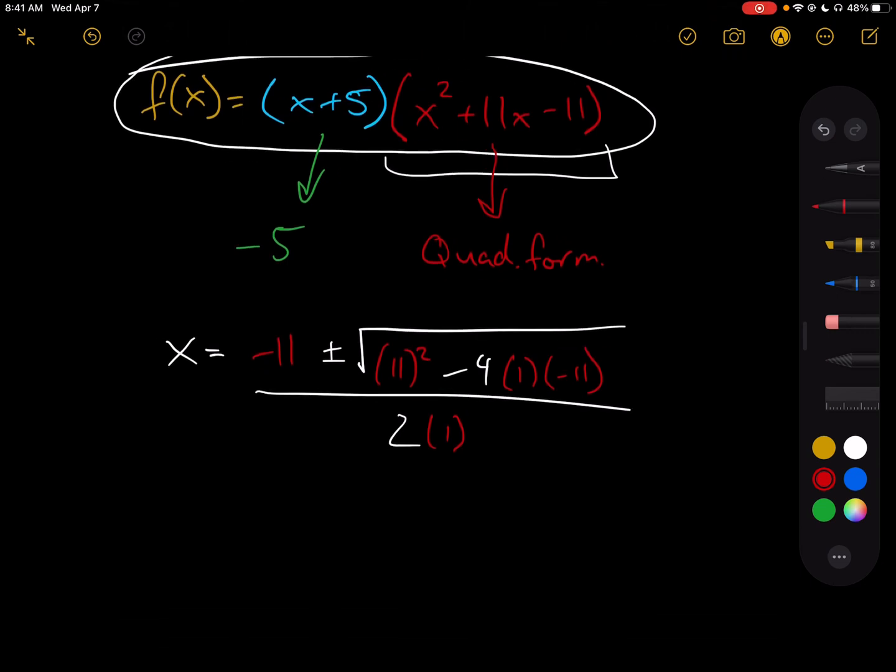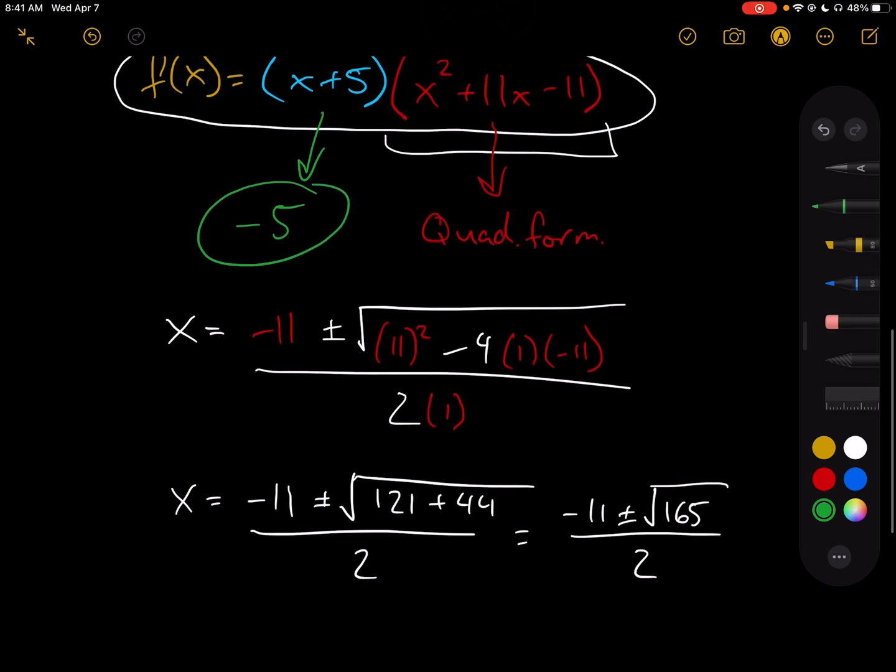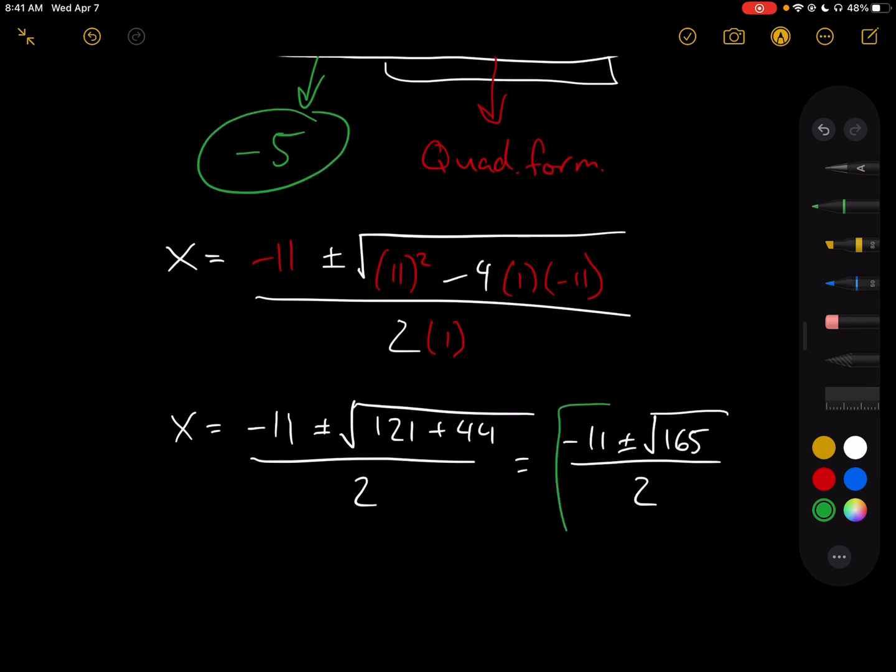And so you simplify, and this one doesn't end up cleaning up very nice, but -11 plus or minus the square root of 121 plus 44 over 2, 165 over 2, right?